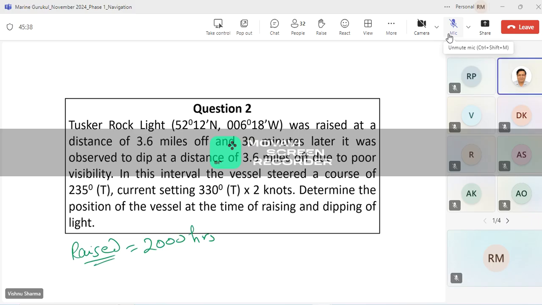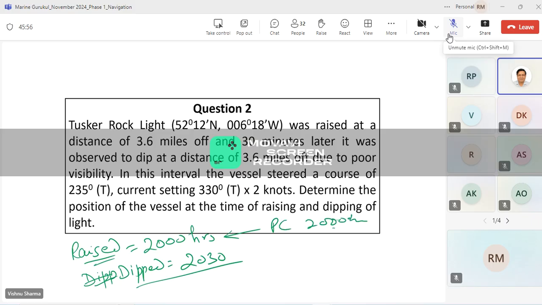I'm giving time just so that we can discuss freely. If it was raised at 2000 hours, then what time would it dip? 2030. Okay, now you are saying you have a PC for 2000 hours. Have I understood you correctly? Yes, sir.